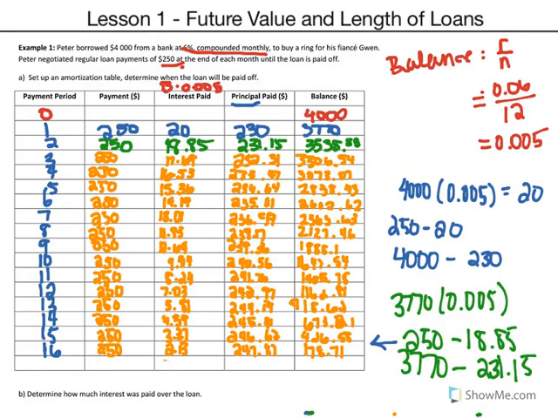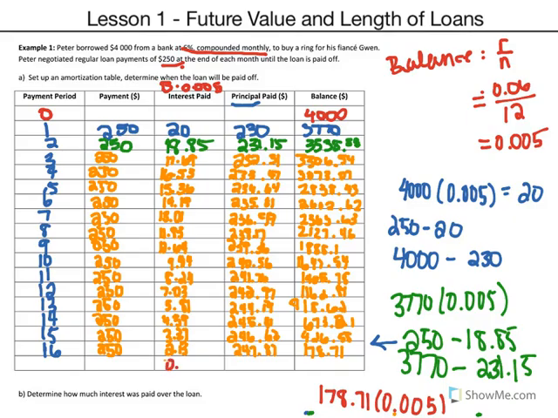Alright, you should get the following numbers. For our last section here, we're at 178.71. So obviously in our next payment we are going to pay off the balance, which is going to be 0. So we take 178.71 and multiply it by 0.005, and that's going to be our interest.